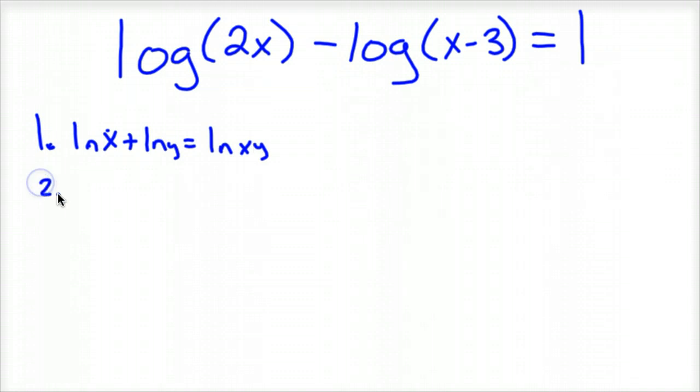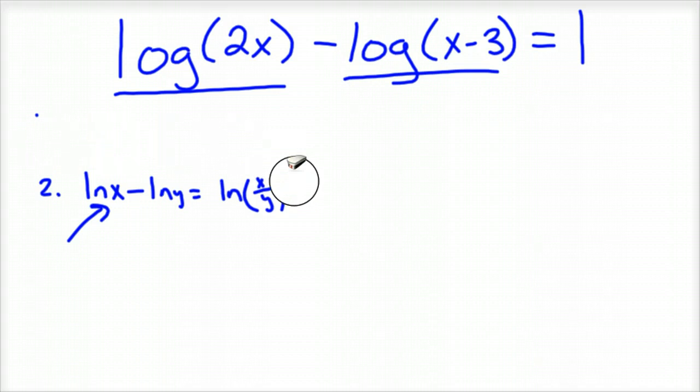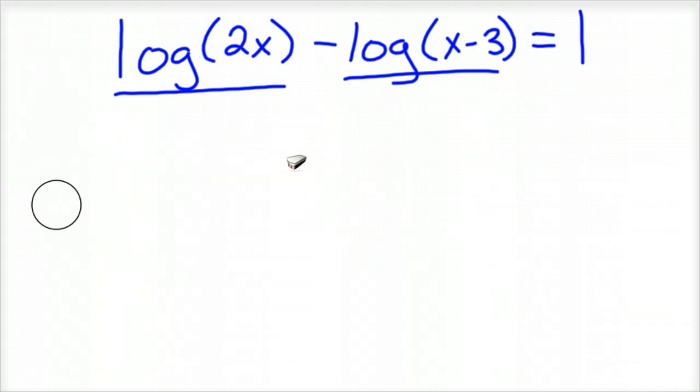For subtraction, the second rule, if you subtract two logarithms, remember you can combine those into one logarithm and divide your two numbers. And so notice that's the situation we have here. We have two logs subtracting from each other. So here we go. So we'll use that second rule and combine the logarithms into one.